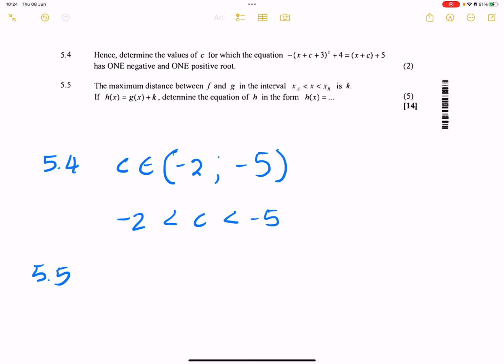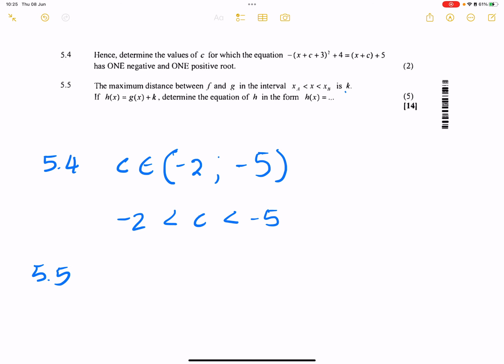So they say if h of x is equal to g of x plus k, determine h of x in the form h of x is equal to, right? Now remember, we want to find out first what is that maximum value of k.